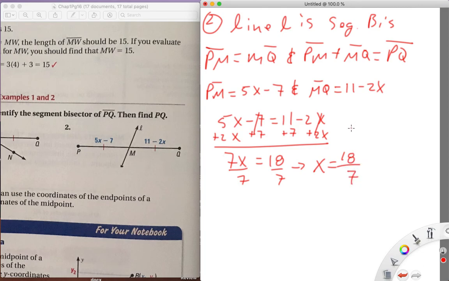But they don't want me to find x, right? They want me to find PQ. Once I get that x is equal to 18/7, I use either one, it doesn't matter. Ooh, this is going to be an ugly number.